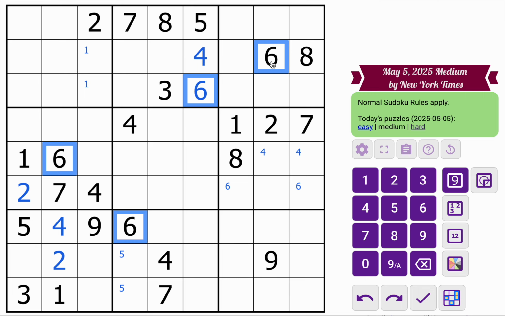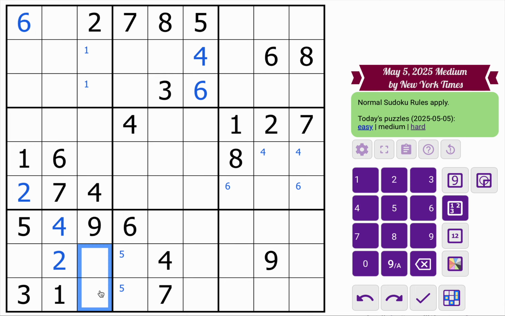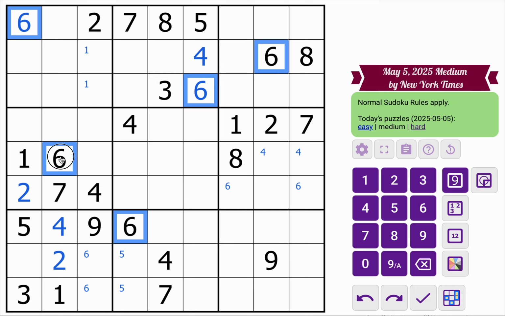Small mercies. Actually these 2 rows are taken, this column is taken, so 6 is here, and these 2 columns are taken, that means 6 is here. So we are done with sixes except for this box and this box.